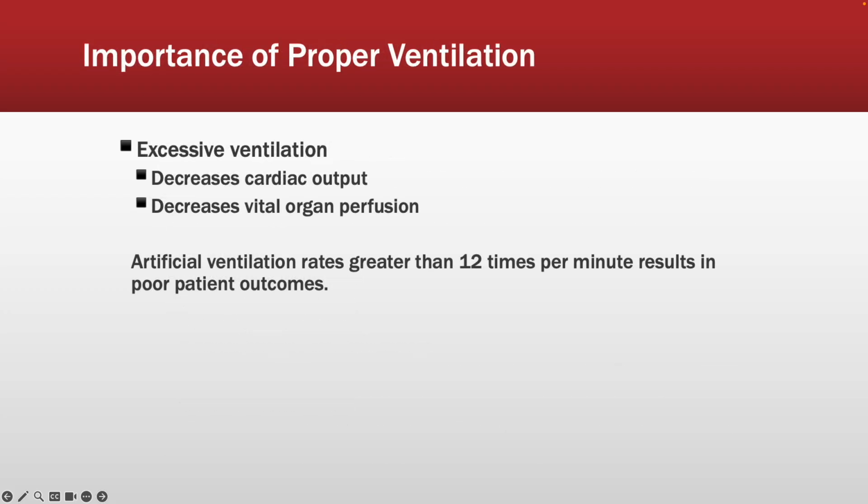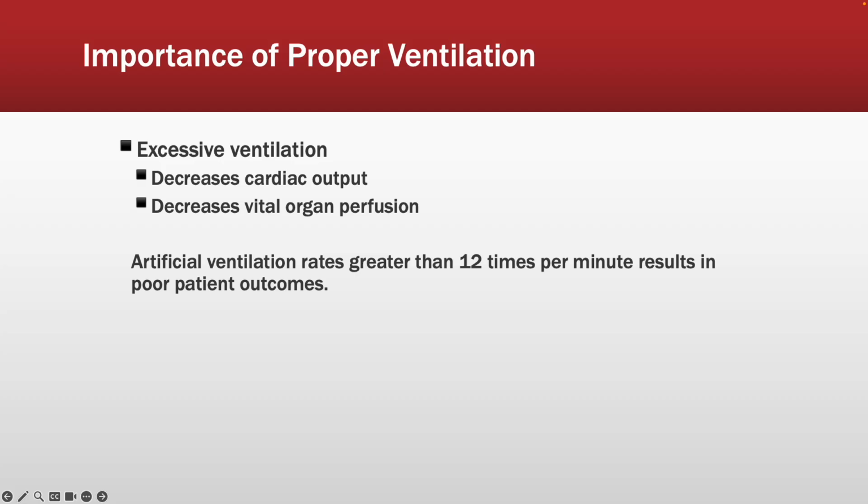It's important to know how to do proper ventilation with your patients. Excessive ventilation will decrease cardiac output because of the increased pressures, like we were talking about earlier. It will decrease the return to the heart, which decreases your cardiac output and drops your blood pressure.